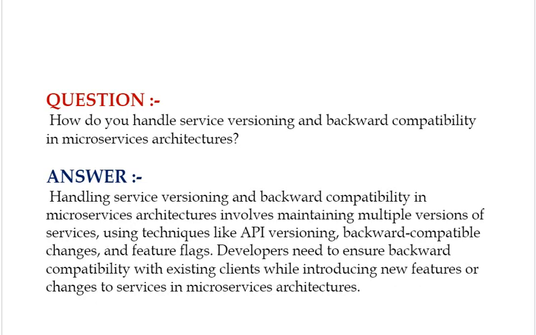Our next interview question is: how do you handle service versioning and backward compatibility in microservices architectures? Your answer should be: handling service versioning and backward compatibility in microservices architectures involves maintaining multiple versions of services using techniques like API versioning, backward compatible changes, and feature flags.